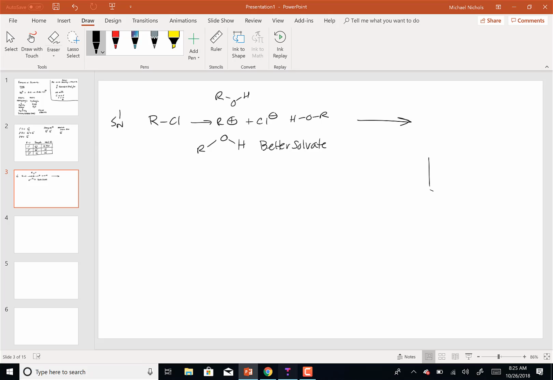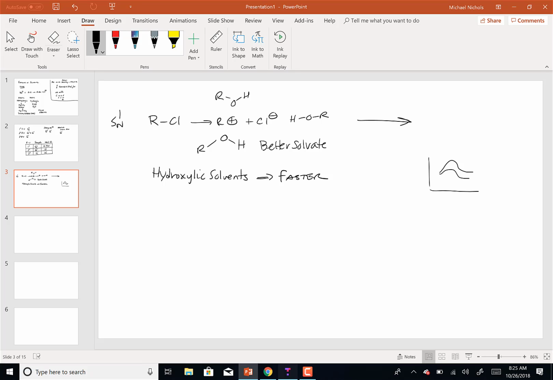And remember, we have the basic Hammond's postulate that says the more stable that you make the product, the lower the transition state energy, the lower the activation energy, and the faster the reaction occurs. So for SN1, it's the hydroxylic solvents that cause them to go faster, because of that better solvation.